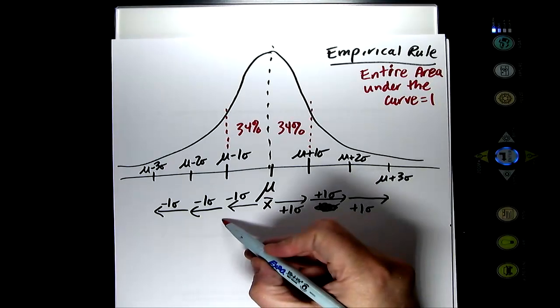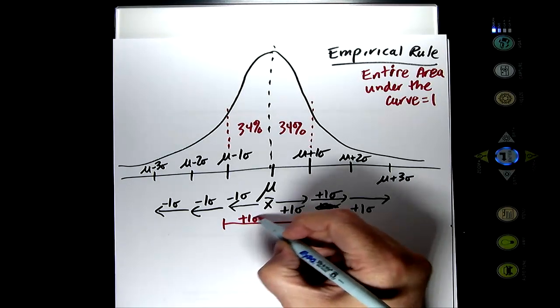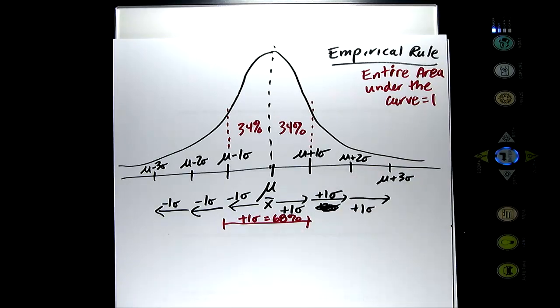So going between plus and minus 1 deviation gets you 68% of the data. Usually. It's approximately, it's a good measure.